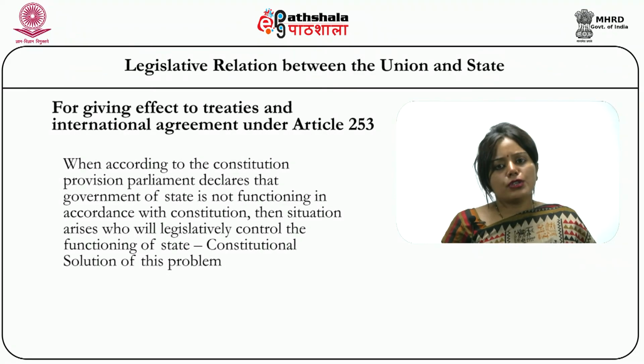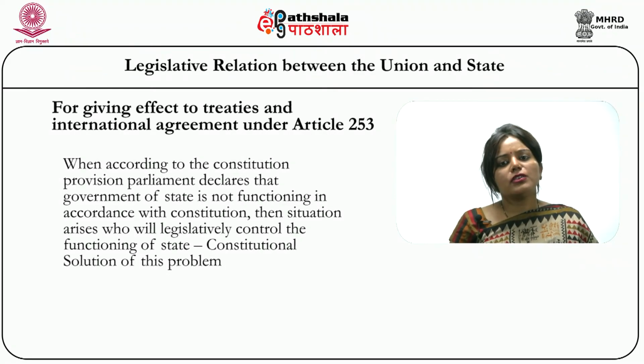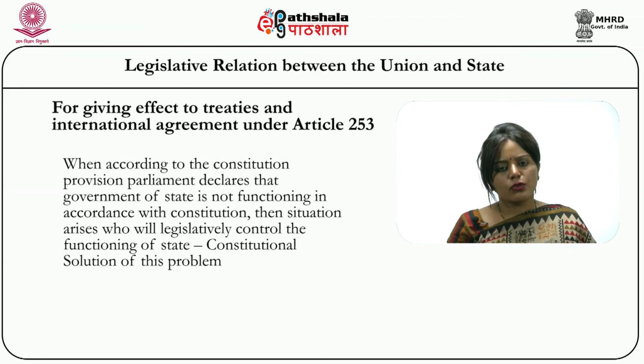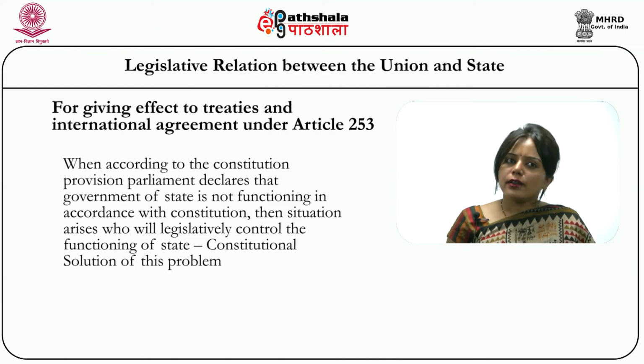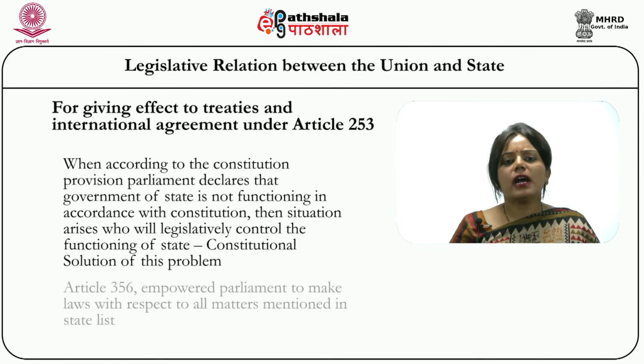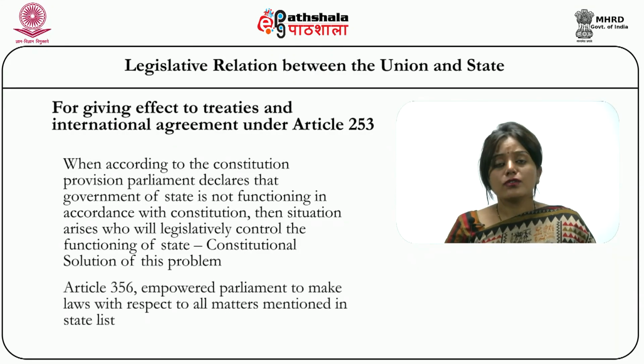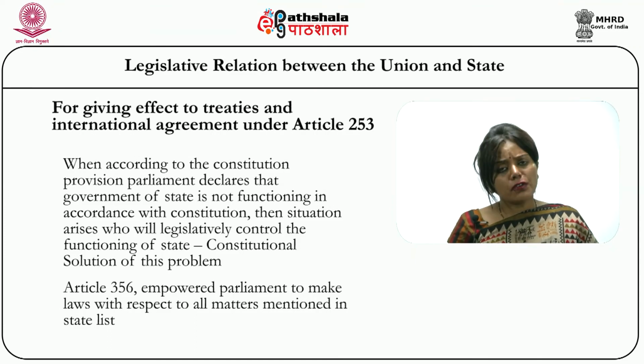When the government of a state is declared not to function in accordance with the Constitution, the situation arises of who will legislate and control the functioning of the state. This question is answered by Article 356, the constitutional solution of this problem. Article 356 empowers Parliament to make laws with respect to all matters mentioned in the State List.